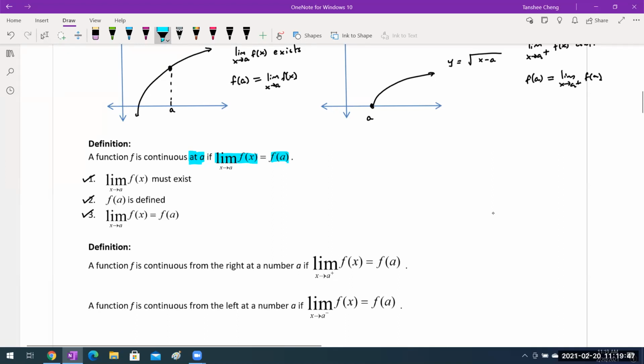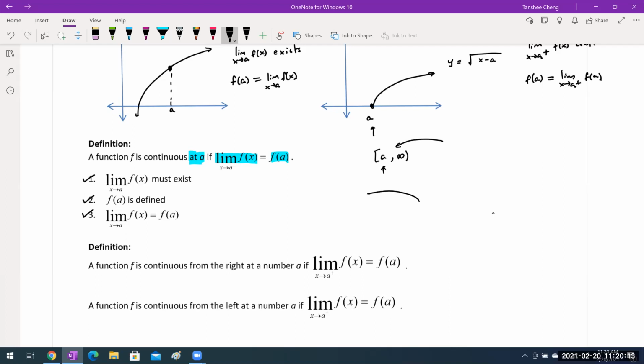Sometimes it's a little bit confusing. To talk about the endpoints on the left of an interval, for example, this interval is from a to positive infinity, right? In order to talk about continuity at a, which is the left endpoint, we need to talk about right-side continuity.